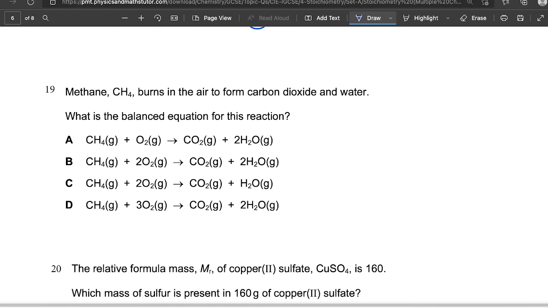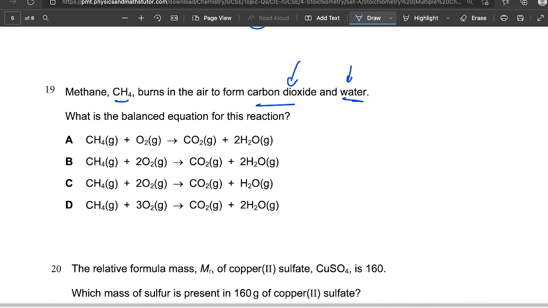Okay, number 19 says methane CH4 burns in air to form carbon dioxide and water. What type of reaction is this? Whenever we have CO2 and water, okay, burns in air, this is complete combustion. So let's see, what is the balanced equation for this reaction? So let's see.